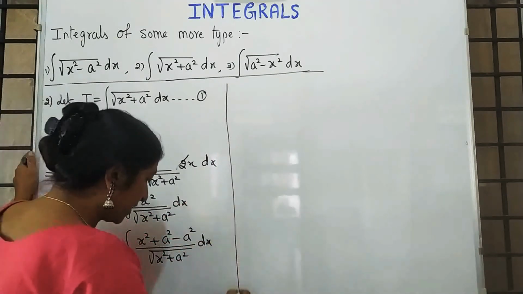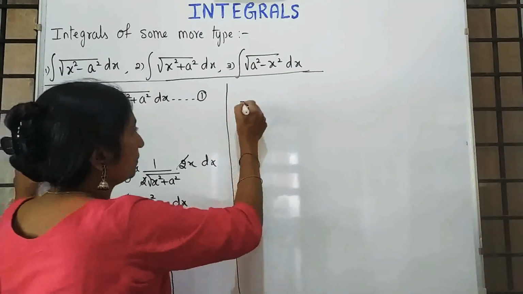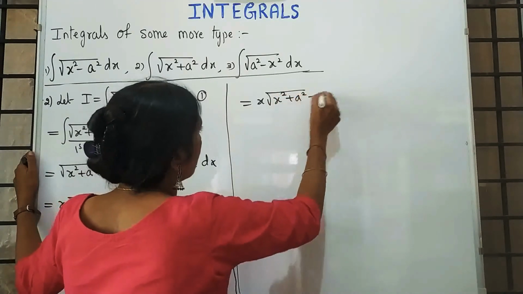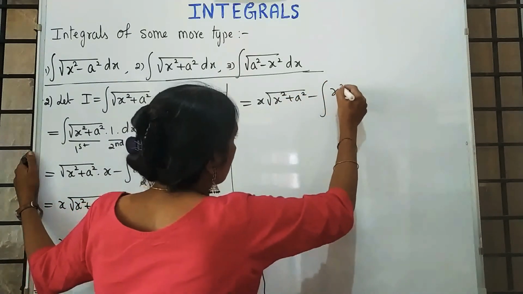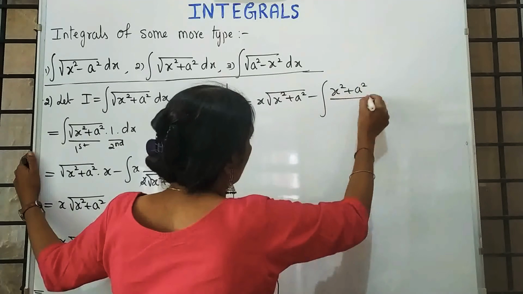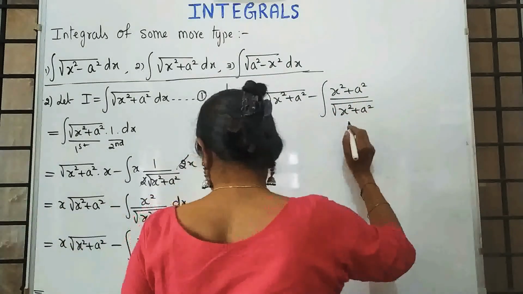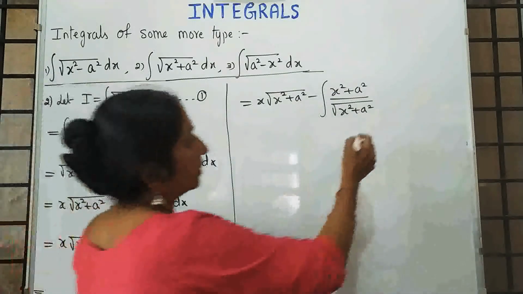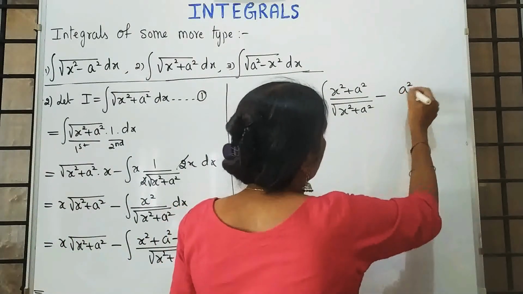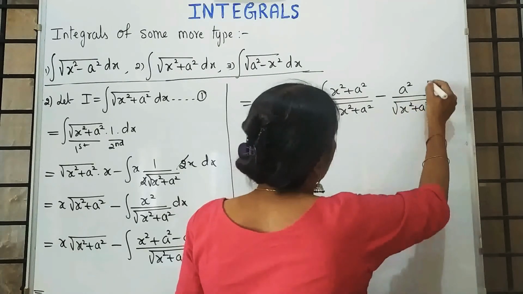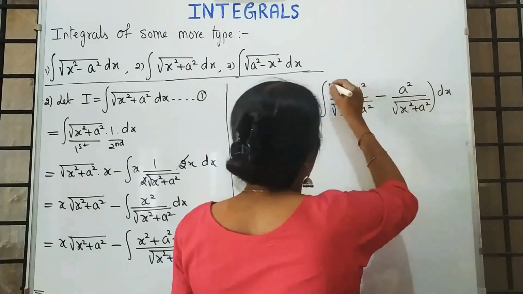Take the denominator separately. x into root of x square plus a square minus x square plus a square upon root of x square plus a square, and in the middle minus a square, so it is minus a square upon root of x square plus a square into dx.